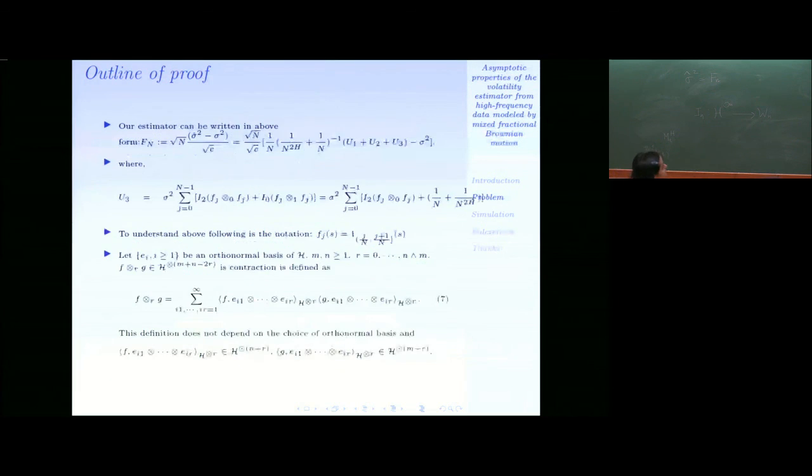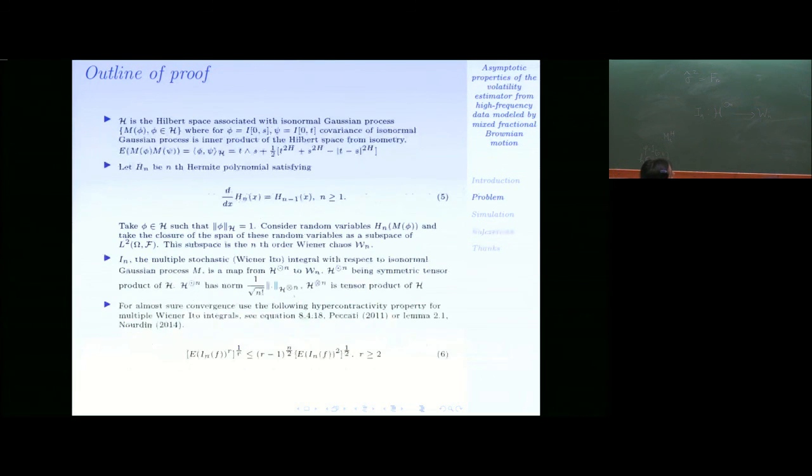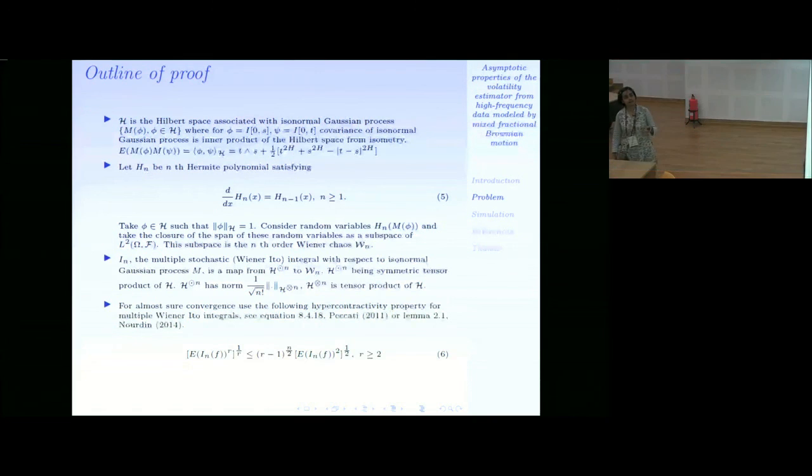Next slide, I will go. Yeah, so Wn is here. What we are going to do is consider the Hermite polynomials of order n, and now your Hilbert space valued process, right? Previously it was M_t kind of thing, now it is M_phi kind of thing.